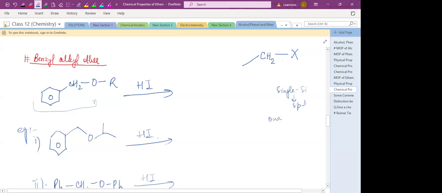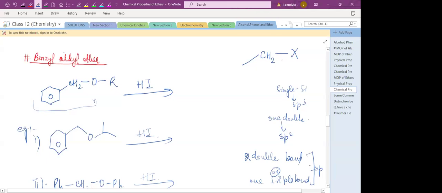If all are single bonds, but if you see one double bond, the hybridization is sp2. If you see either two double bonds or only one triple bond, the hybridization in this case is sp.